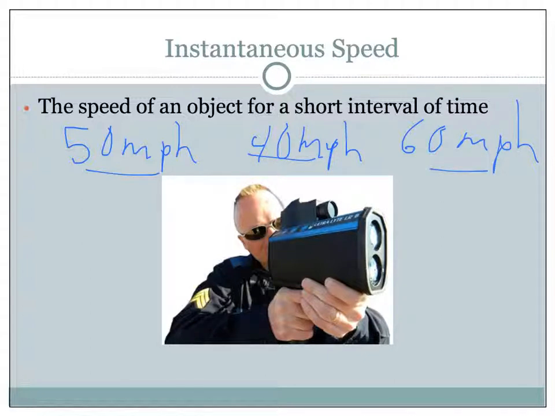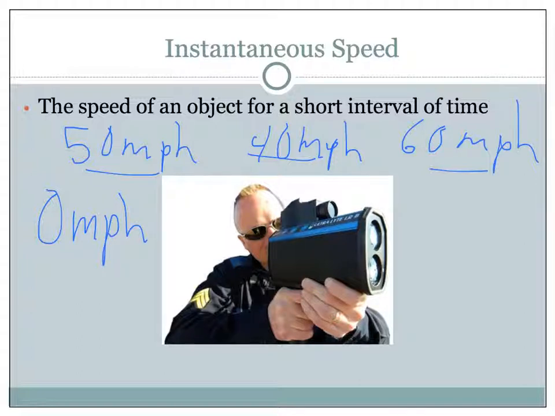The instantaneous speed for a trip, you wouldn't calculate it for an entire trip. You would calculate what's called the average speed. Your average speed is basically on the average how fast were you going through the trip. Instantaneous speed is how fast you're going at that moment. I mean, you could have been at a stop sign and it read 0 miles per hour.